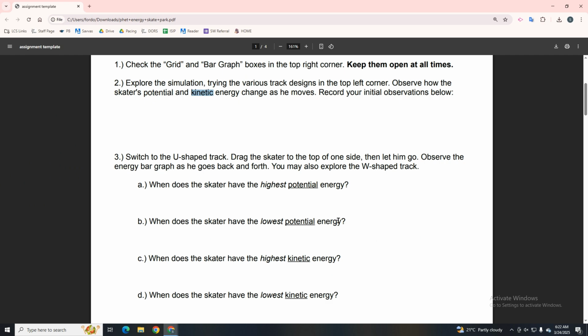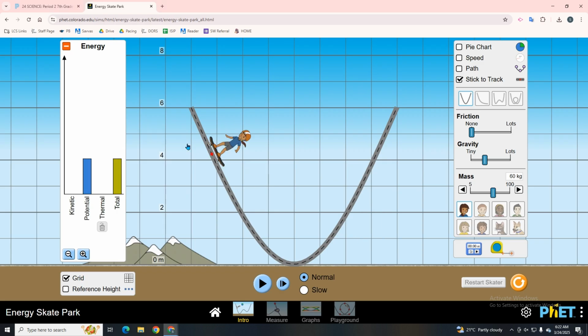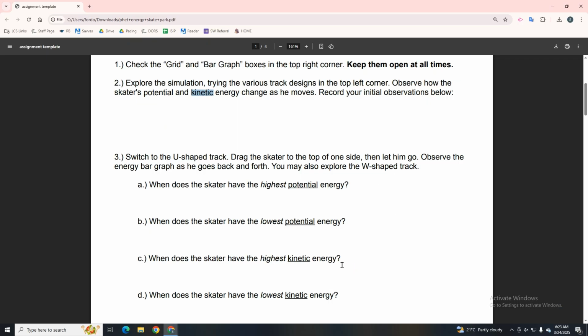When does the skater have the lowest potential energy? Again, you're looking at the point when that's the highest potential, and that would be the lowest potential. If you need to, you can always pause just to make sure that the skater is at the highest point of the ramp or the lowest point of the ramp.